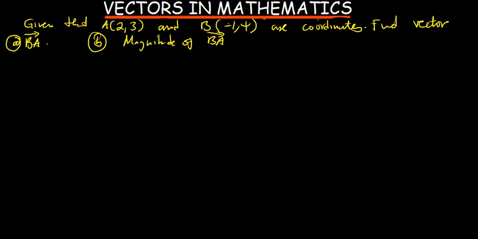So starting with the first one, we want to find BA. Remember, every time we want to find, in this case BA is going to be equal to, we say O first, and then we write the second thing that is being given.